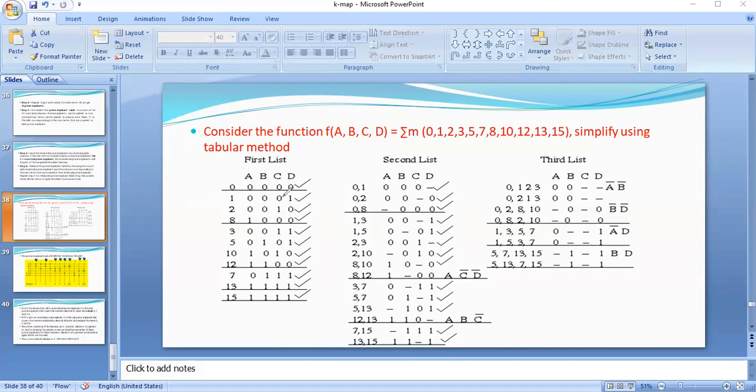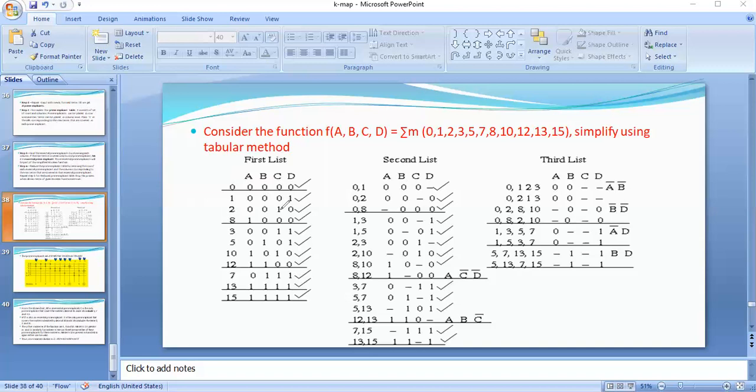We call it a pair only if they differ in a single bit position. See here 0, 0, 0, dash. In a similar way 0, 2. After comparison, keep the same bits as they are and put a dash.